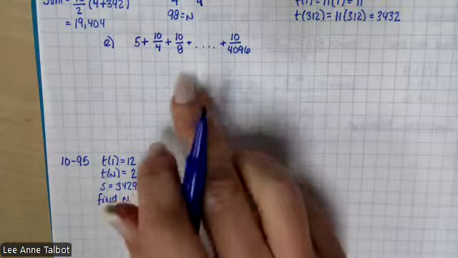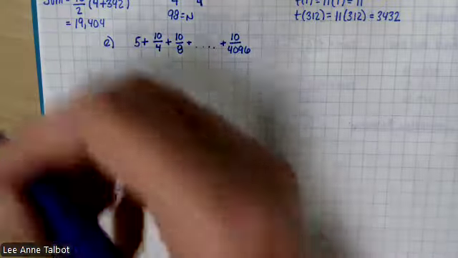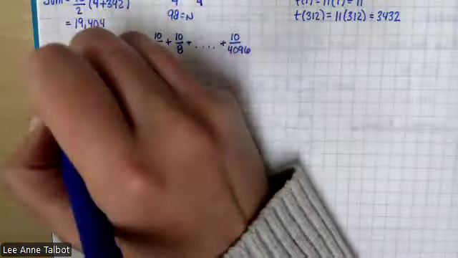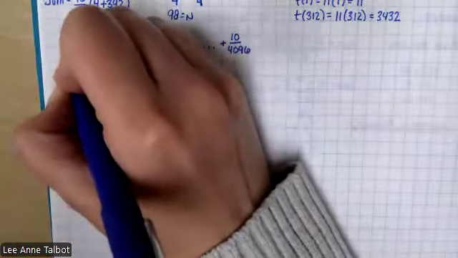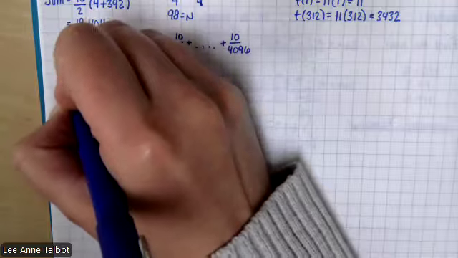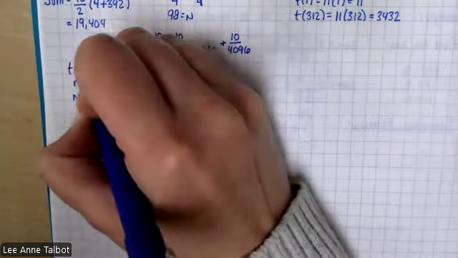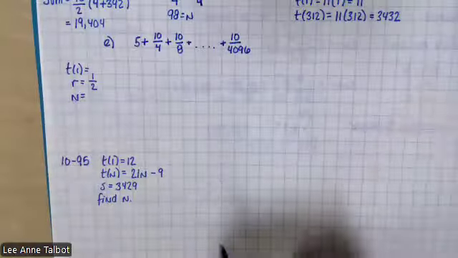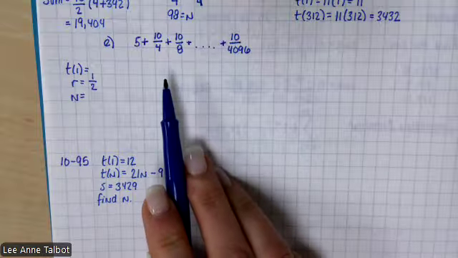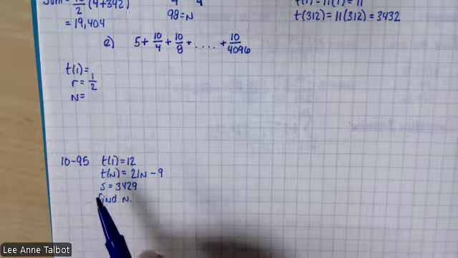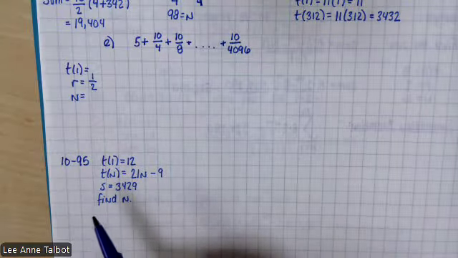Now this one is geometric. Geometric needs 3 things. It needs the first term, R, and N, and R we decided was 1/2. Now, what did I tell you guys to do if you could not figure out R on your own, just by looking at it? We put it in the notes a minute ago at the start.